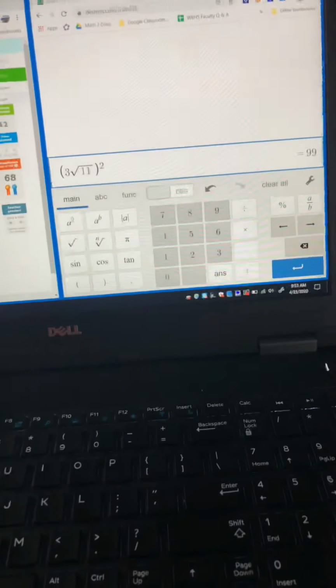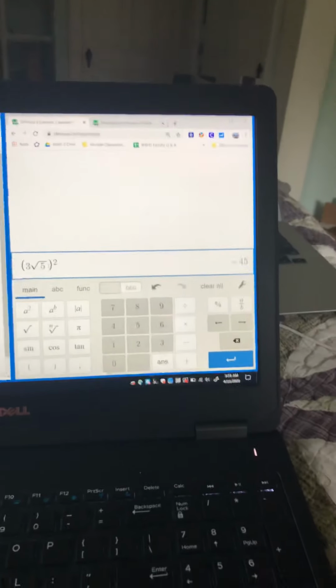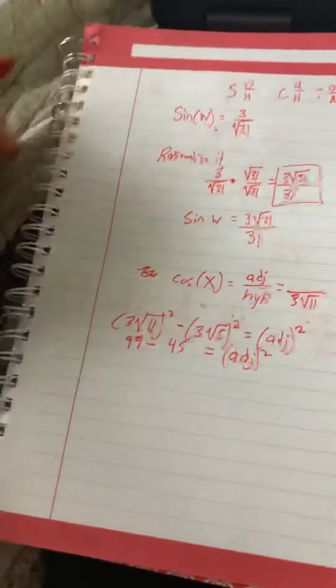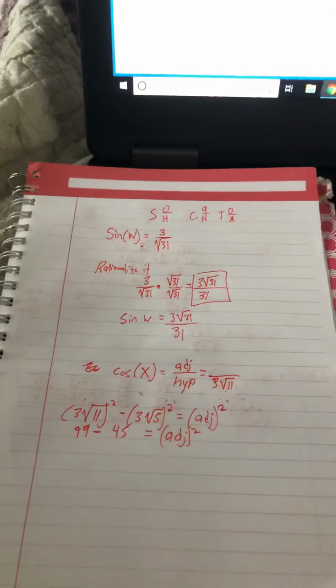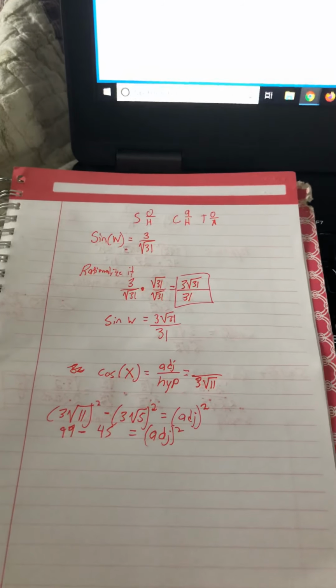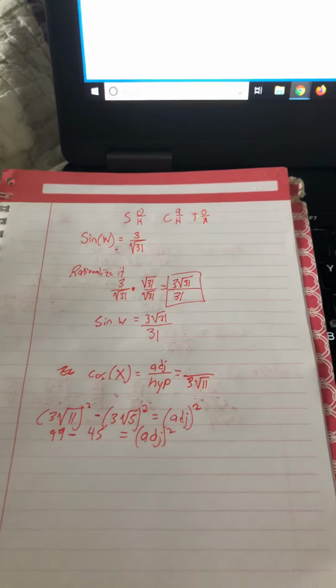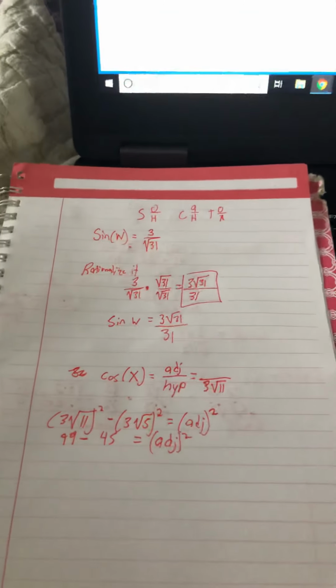But again, I'm going to check it in the Desmos. So 3 root 5. Yep, and it is 45. All right, equals our adjacent squared. So 99 minus 45 should give us 49. No, oh gosh, Fowler fail. No, that's right. 54. Yep, 54.